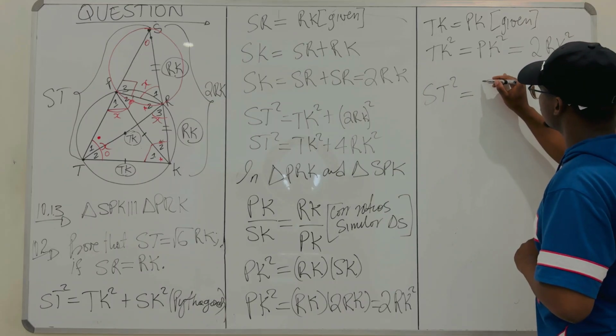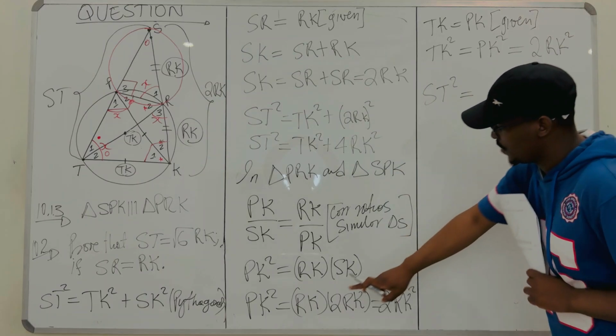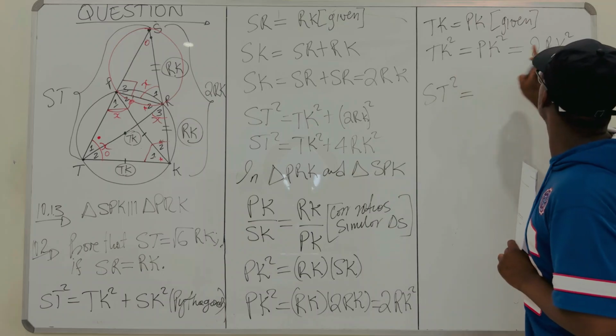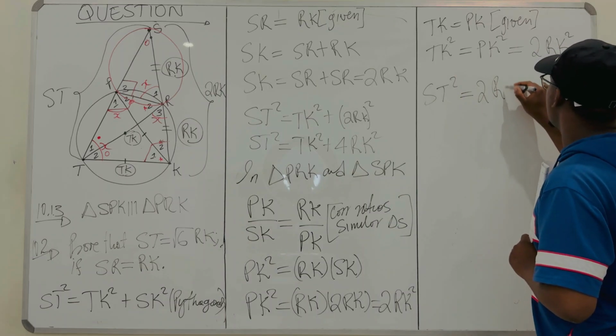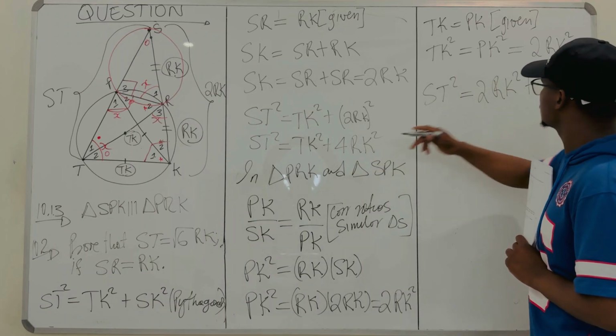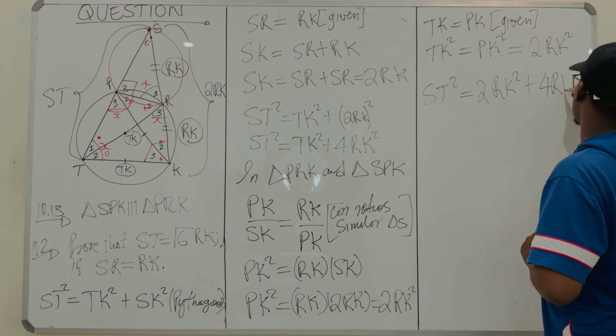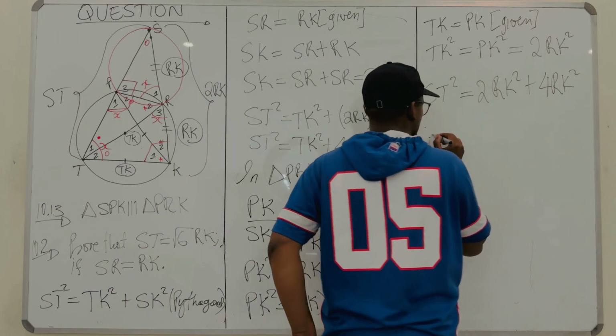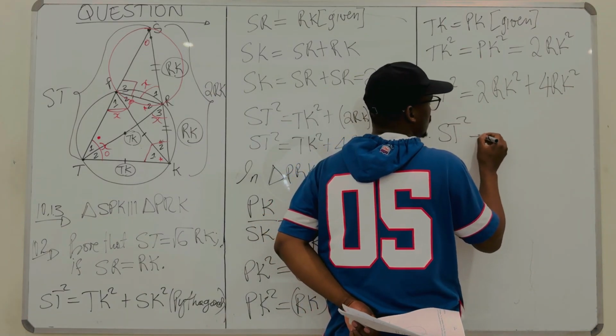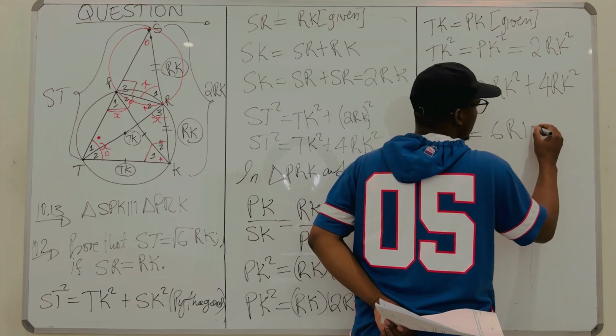So in place of TK squared, you have 2RK squared plus 4RK squared. Therefore, ST squared is equal to 6RK squared.